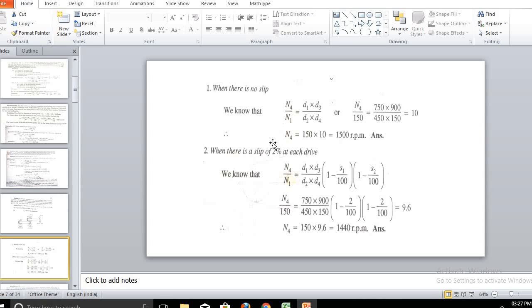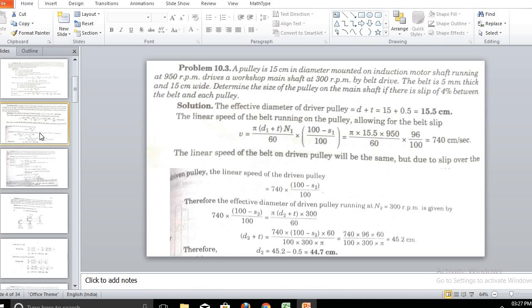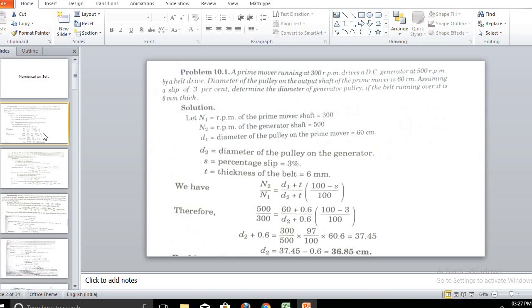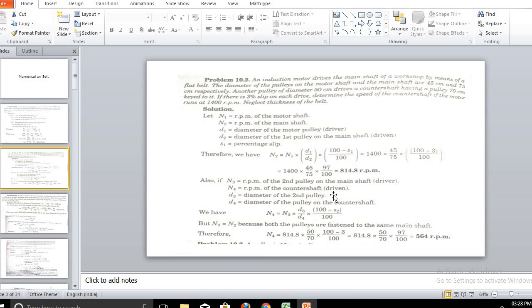Now, with slip at 2% at each drive. In the previous example we calculated by considering slip at different stages. Instead of calculating directly, we first calculated one stage and then moved further. We considered 2 stages, N1 to N2 and N3 to N4.